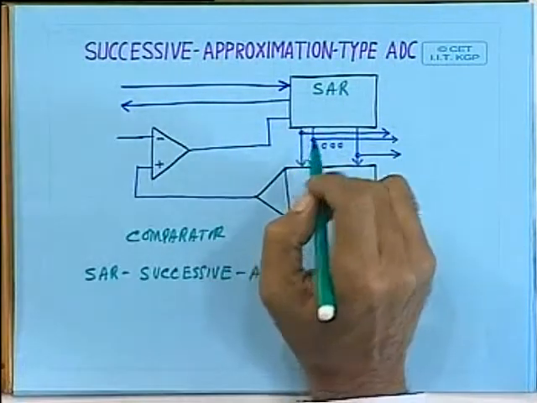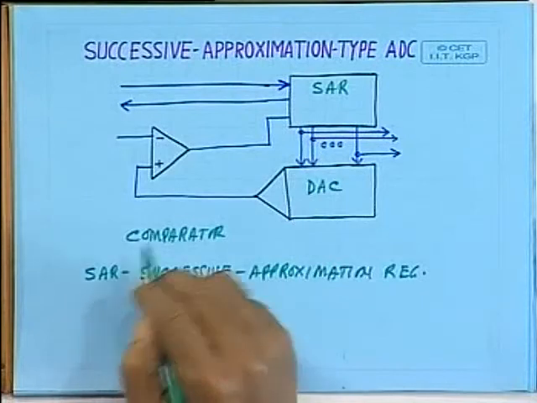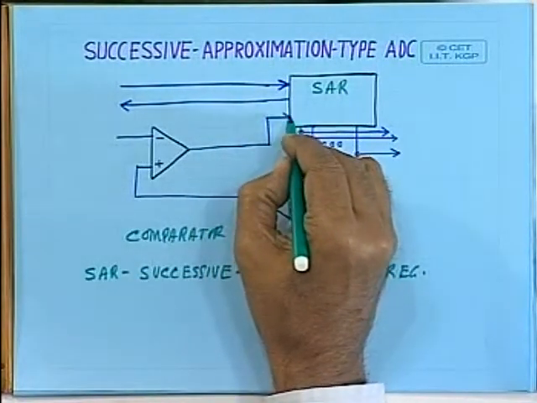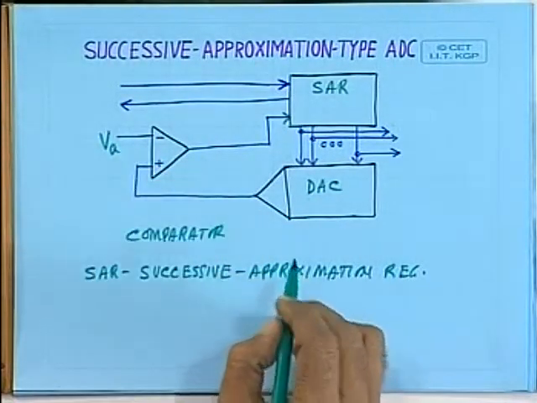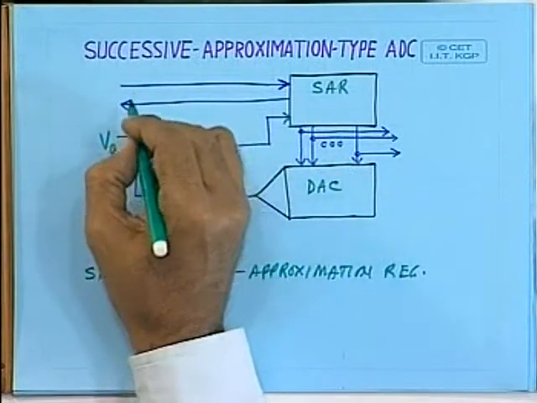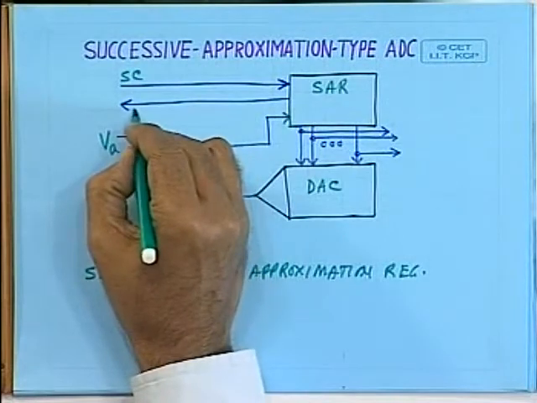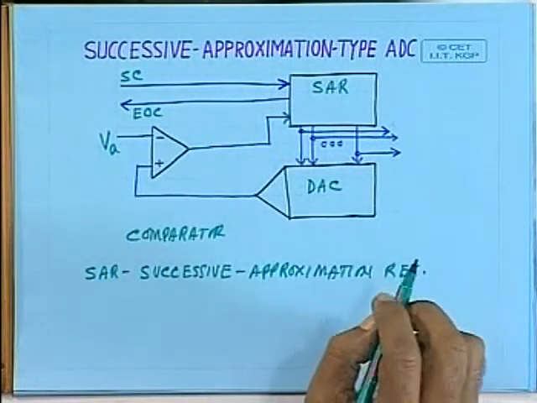What does it do? The successive approximation register is not a counter. So here the conversion process is done in a little different way. You apply the analog voltage here, and initially you start conversion with the help of this SC, and you get the end of conversion signal from the successive approximation register or the controller.